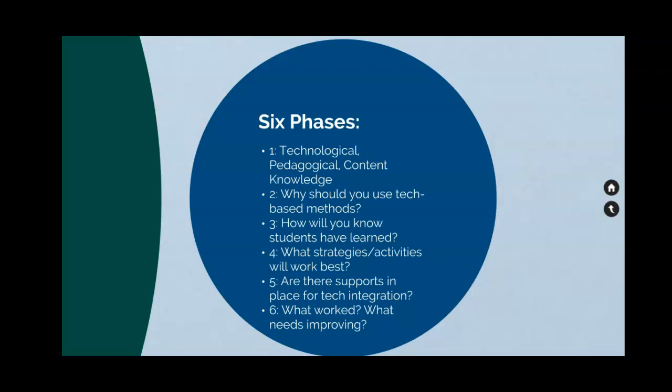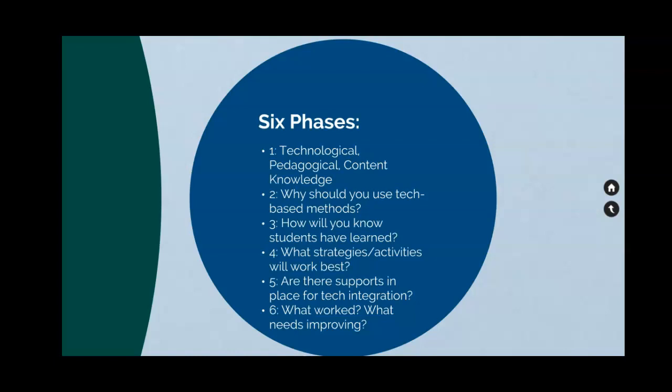Number 4 is, what strategies and activities will work best? You can look at this as student needs and content objectives. With phase 4, what are the needs of your students in your classroom? What objectives and goals do you want your students to meet?